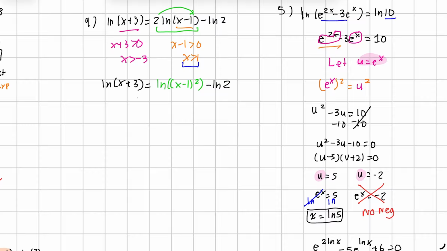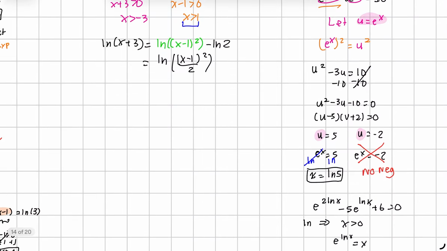Next, we can use the quotient rule. We have ln of x minus 1 squared over 2. So we can set the insides of these equal because they both are going to be natural logged on either side. Cancel that out, cancel this out. So x plus 3 is equal to the inside.